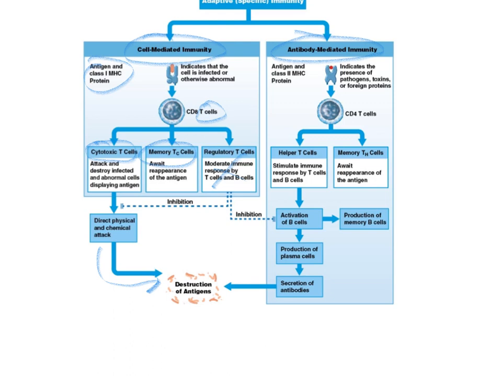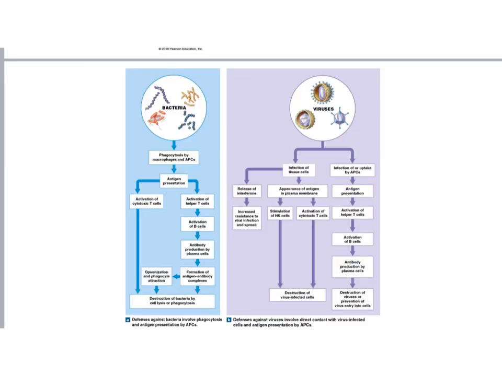Or you'll get antibody-mediated. B cells are sensitized by the antigen, then they're activated by the helper T cells, and that produces plasma cells, which secrete antibodies, which also aid in destroying the antigen cells. And on both sides, you get memory B cells and you get memory T cells. So this is just an overview of what we talked about.